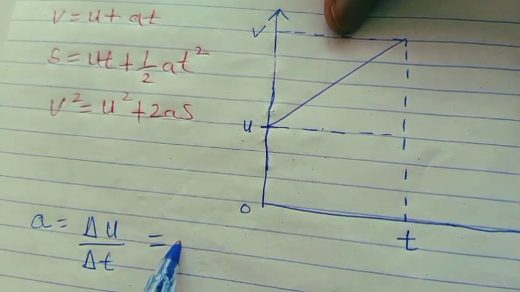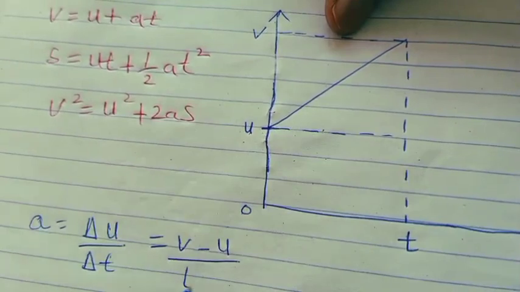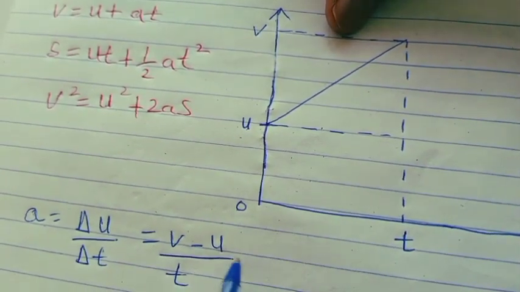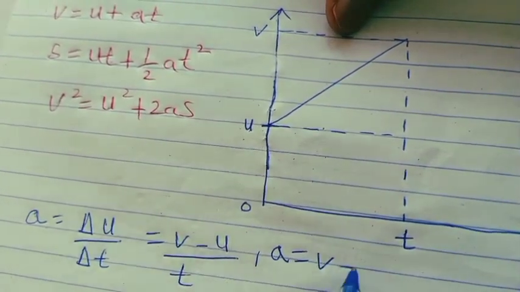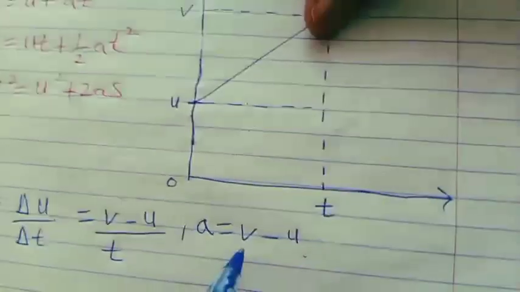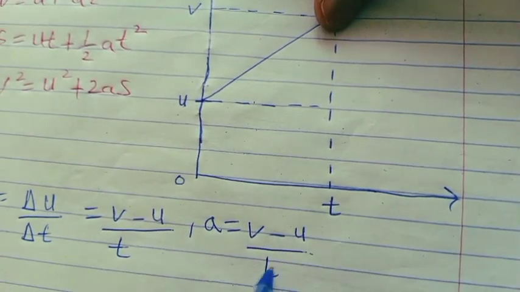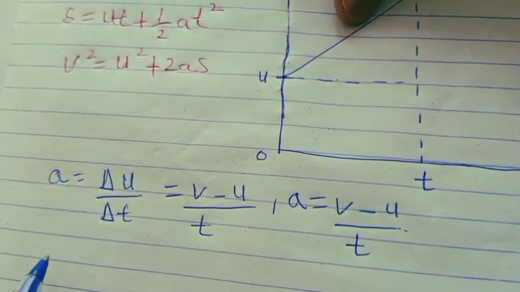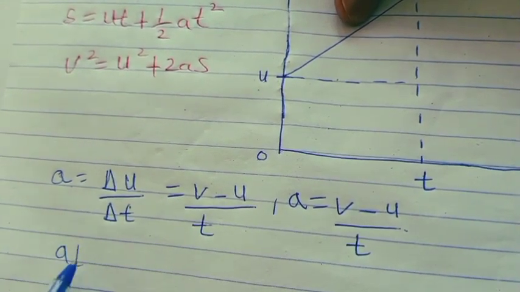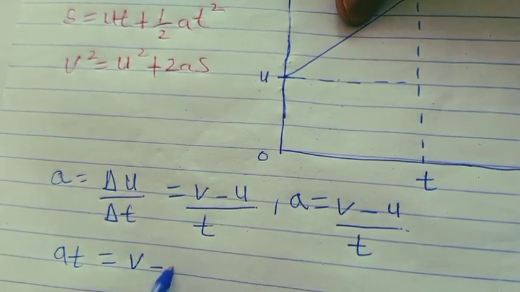So it will be v minus u divided by time t, which we can write as a = (v - u)/t. So you can multiply by t on both sides to obtain at = v - u.